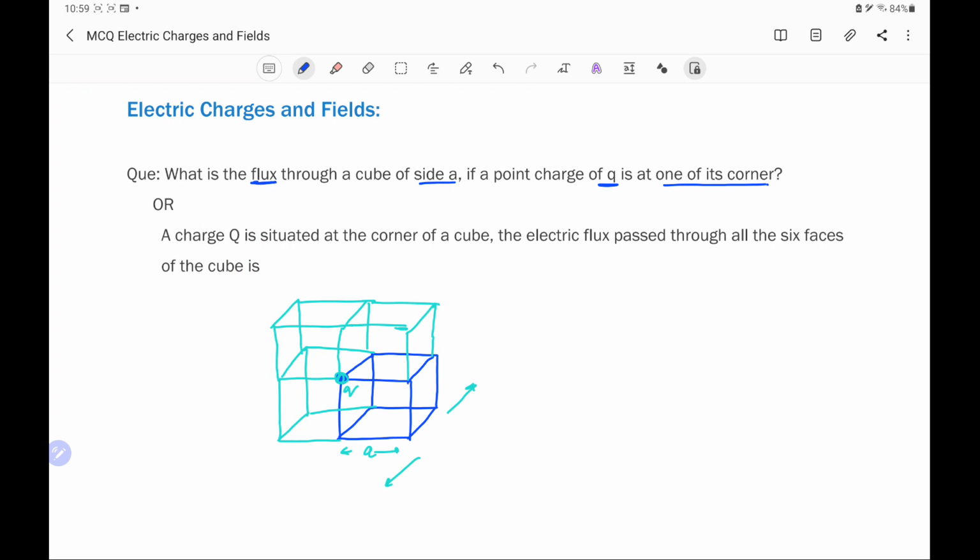Similarly, 4 similar unit cells will touch this corner from the front side. That means this corner is shared by 8 equivalent unit cells of side A. Therefore, this charge Q is at the center of a cube of side 2A. If we see the side of the cube, now it is 2A.